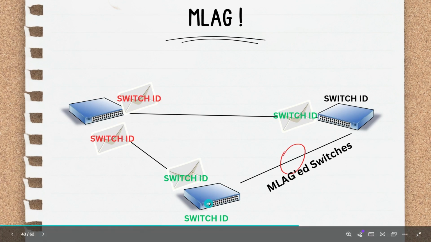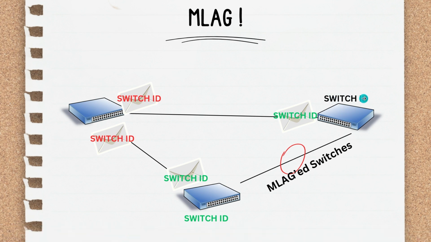This switch has a switch ID colored green, and this switch has a switch ID colored black. Again, those are numerical values; this is a color analogy just to explain it easily. So MLAG will help these two switches form a port channel with this single switch.